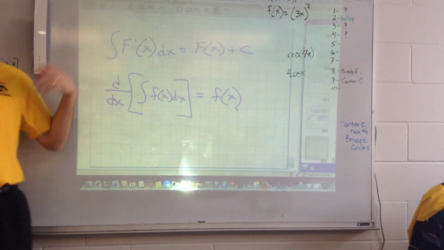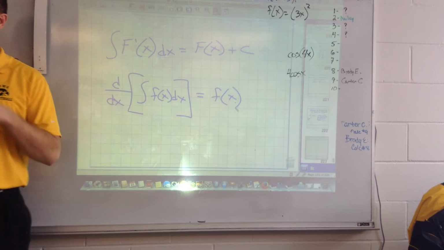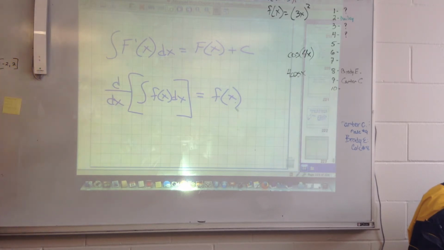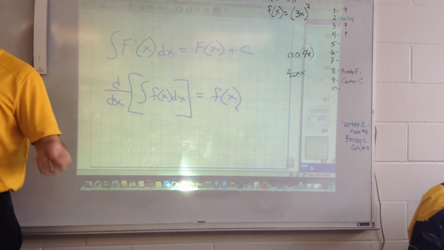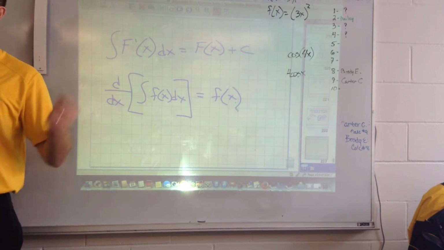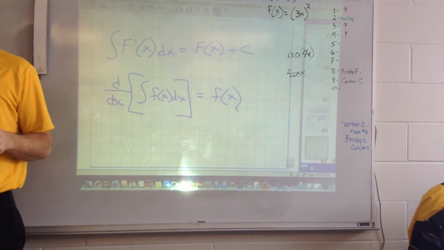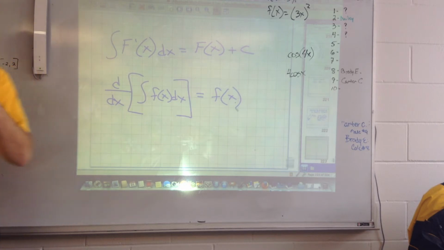For starters, you're just going to have x's in the function, so it's just the variable you're differentiating or doing the antiderivative with respect to. This is just showing you integration and differentiation undo one another. They're opposite operations like multiplication and division, like addition and subtraction, like squaring and square root.